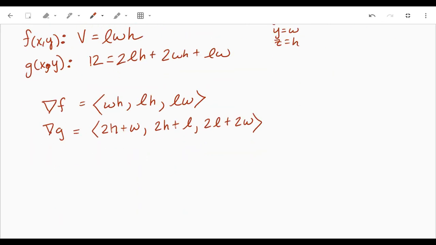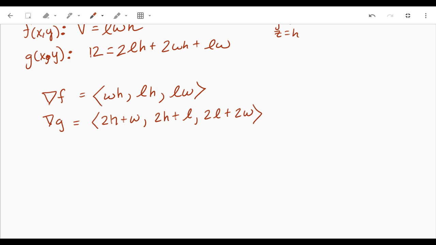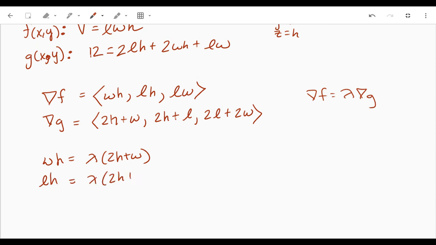So now we put together this system of equations. The gradient of F is lambda times the gradient of G. So WH is lambda times 2H plus W. LH is lambda times 2H plus L. And LW is lambda times 2L plus 2W.